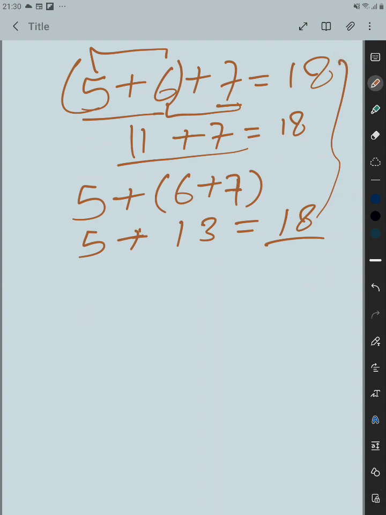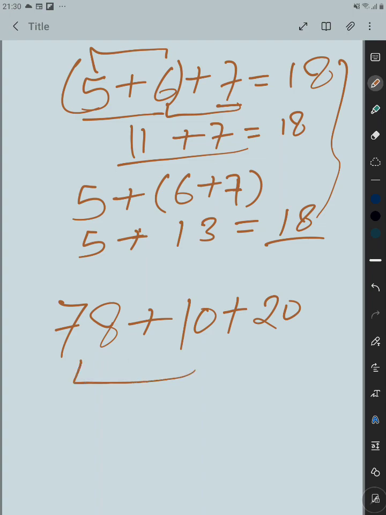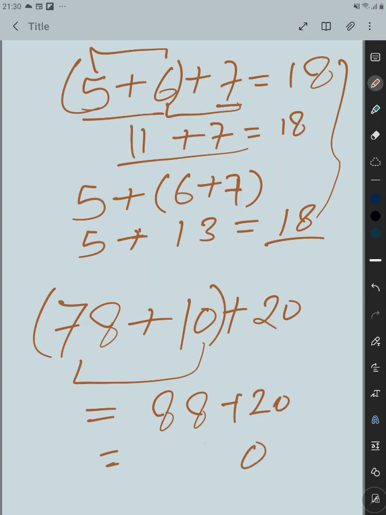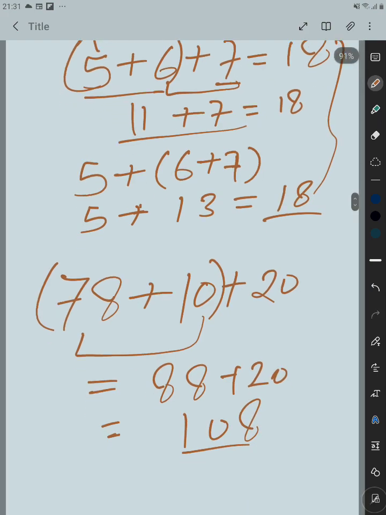Now you take any example. Suppose we take larger random numbers: 78 plus 10 plus 20. Associating the first two by putting a bracket sign, 78 plus 10 is 88, plus 20 is 108.